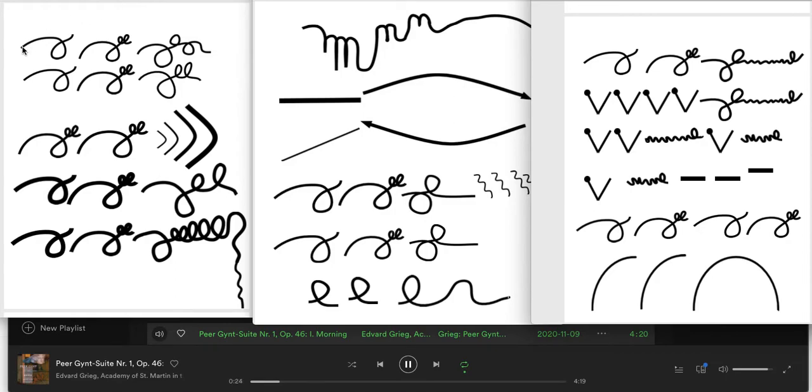Go back to the beginning. Keep going. And down here.